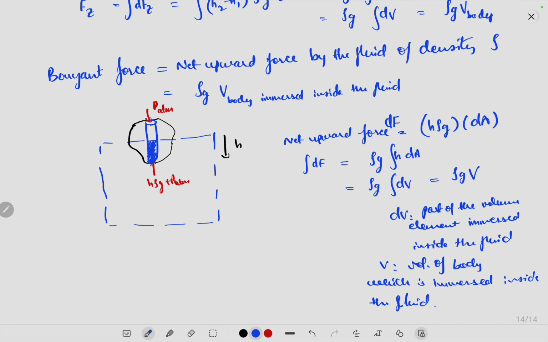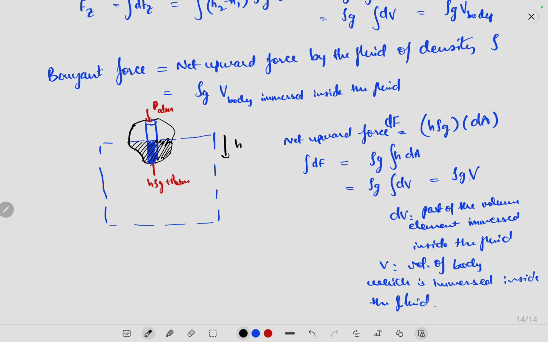Okay, so from this derivation we derived the expression that buoyant force is nothing but the net upward force by the fluid of density rho, which is displaced by this body. So when a body is immersed inside the fluid, this would be the amount of volume that this body would displace, and the weight of the fluid that it has displaced will be magnitude wise equal to the buoyant force that this fluid will apply on the body.